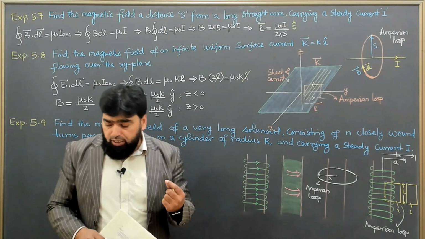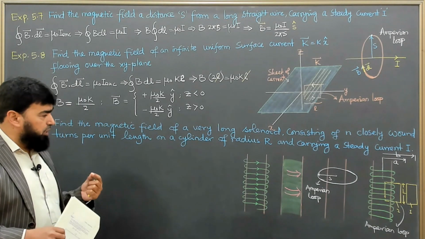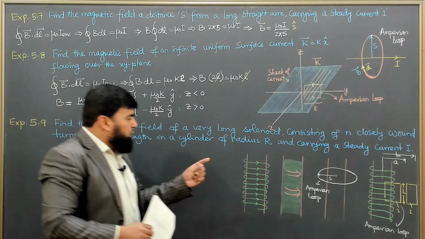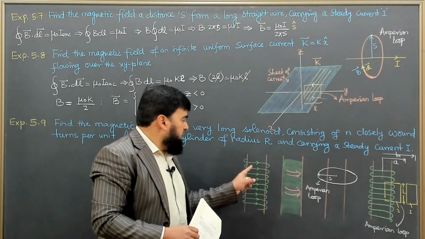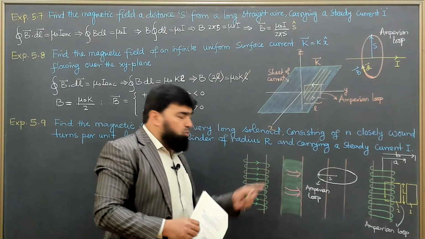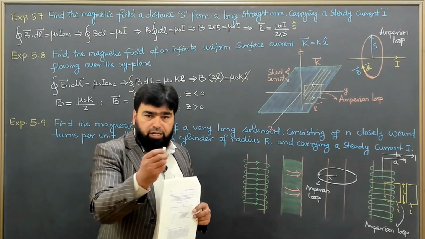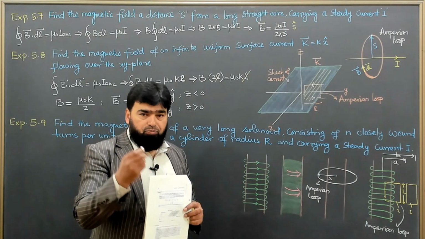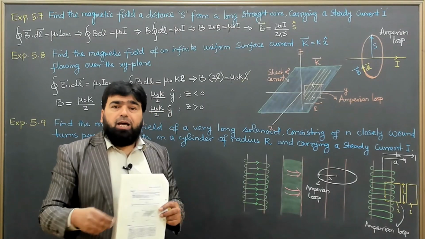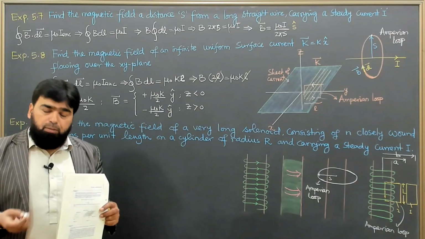Now this winding, we will have to discuss this a little bit. These windings are very close to each other, because we want to consider each winding as a complete circle, so that we can apply the circumference relation in Ampere's law.